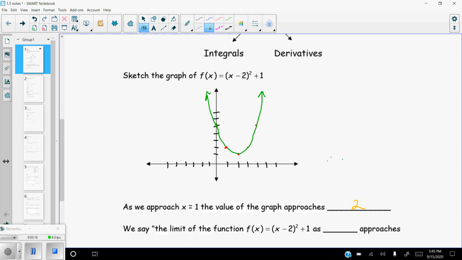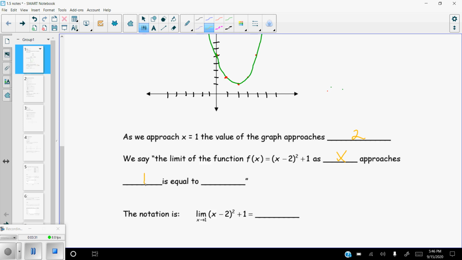So what we say is the limit of the function f of x equals (x minus 2) squared plus 1 as x approaches 1 is equal to 2. Now that's a very long and drawn out way of saying it, but that is technically the way we would say the entire thing.